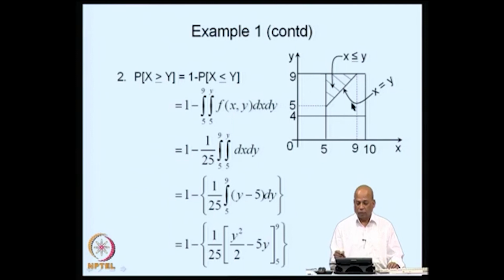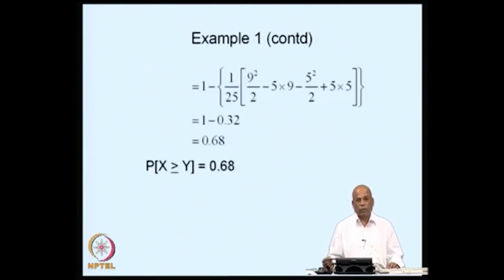So, do this as an assignment, for which you take these two areas up to this point and then the rectangle consisting of this. We need to define the region where x is greater than or equal to y and then integrate f of x y over that particular region. You must get the same answer, 0.68.